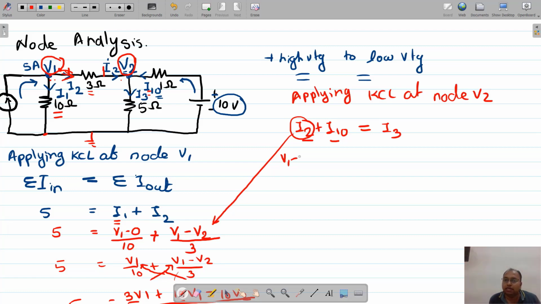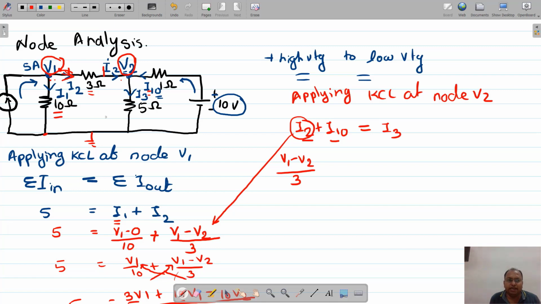Don't change it anyway. So as it is, V1 minus V2 divided by 10, because the current is going to flow from the V1 terminal, V1 voltage, to V2 only, because this is considered to be at higher potential than V2.